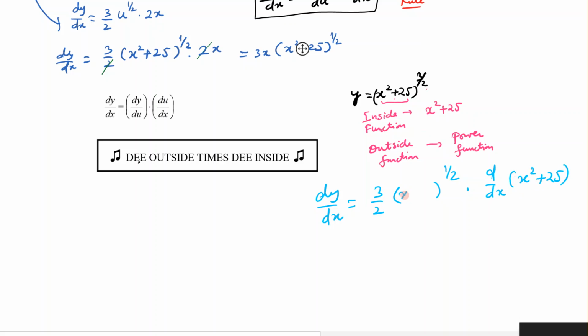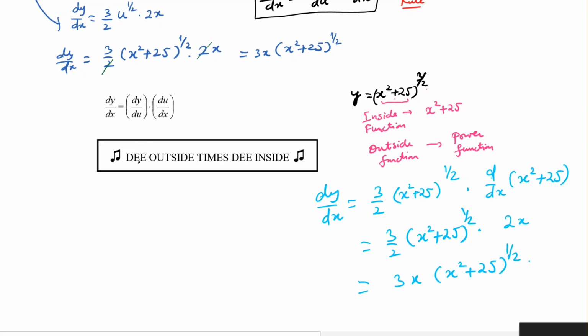So here we had this expression: 3 over 2 (x squared plus 25) raised to power half, and the derivative of x squared is 2x plus 0. So 2 and 2 cancel, and we get 3x (x squared plus 25) raised to power half. So for the chain rule, the other way we apply this is we take the derivative of outside times the derivative of inside. D outside times D inside.